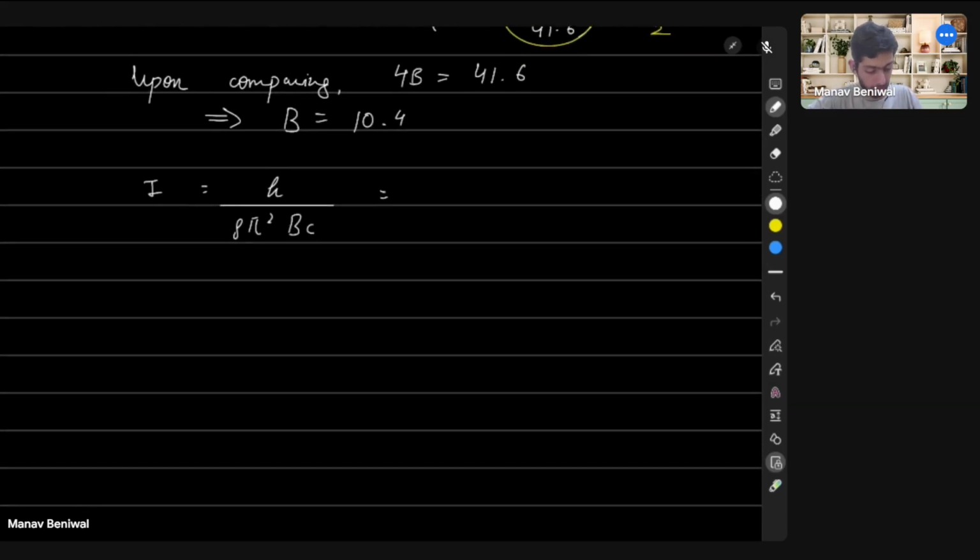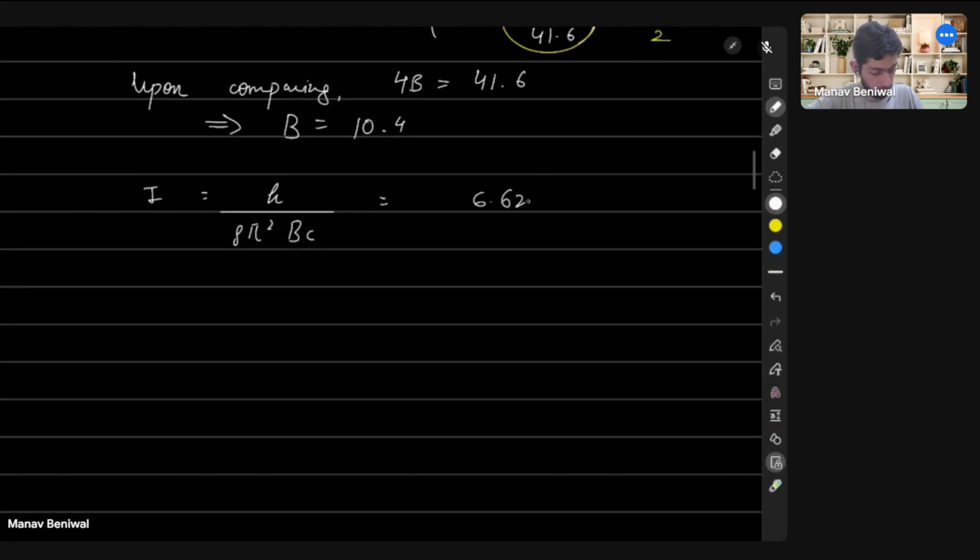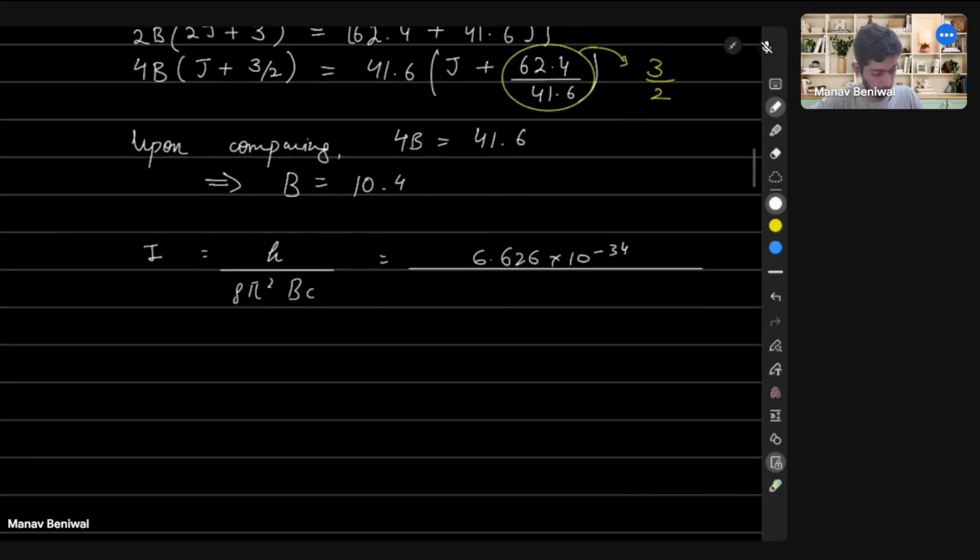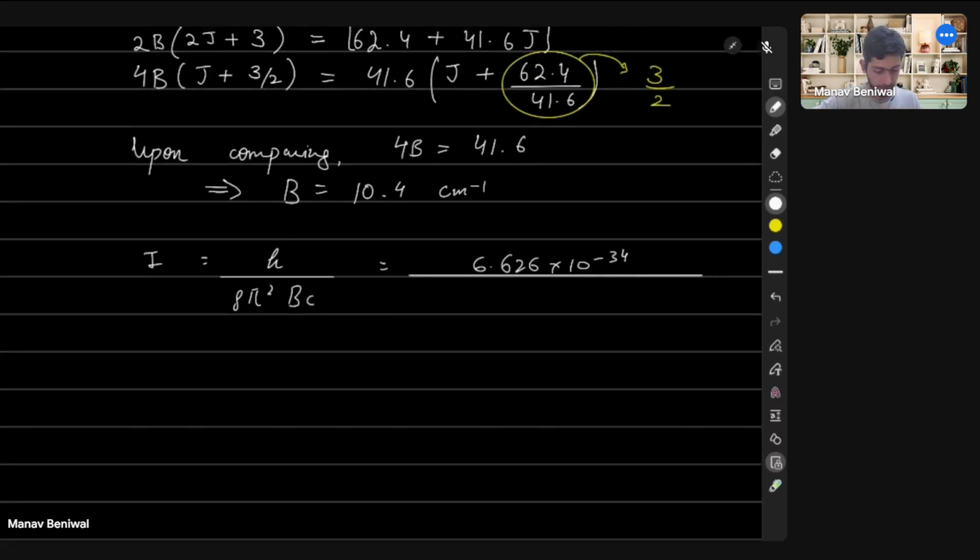Okay, let's just plug in all the values. Let's also convert b to SI units because the answer is asked in SI units. So this is per centimeter, and if you want to convert it to per meter, you multiply it by 100 and we get this.